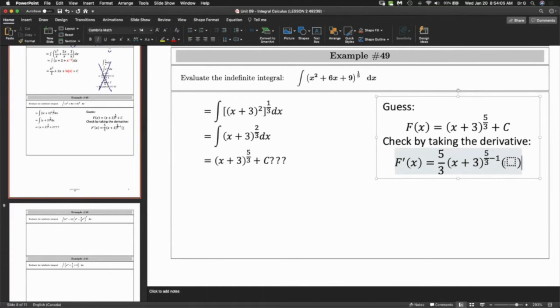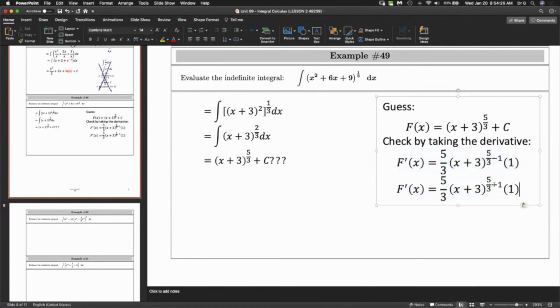And that something in the bracket there is the derivative of this. The derivative of x plus 3 is 1. For those that are familiar, I'm doing the power of a function. You can also call it the chain rule, if you did the chain rule back in high school, if you took calculus in high school. Anyway, this exponent here is going to become 2/3.